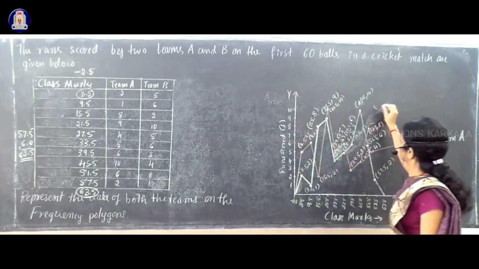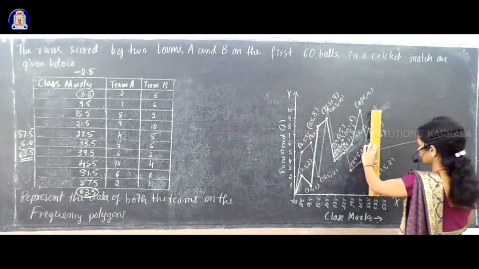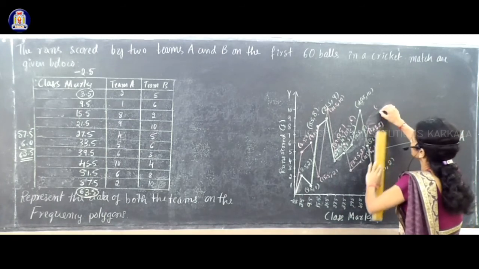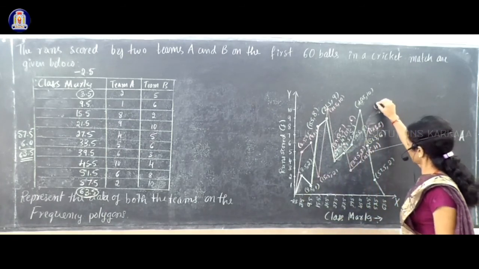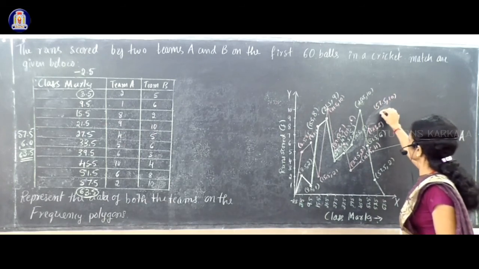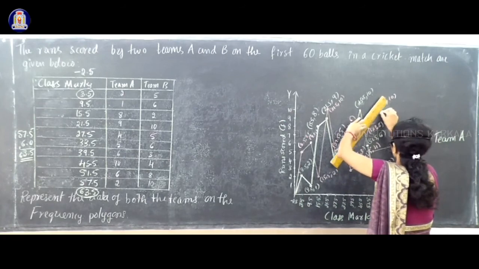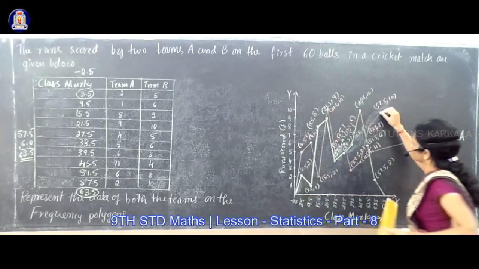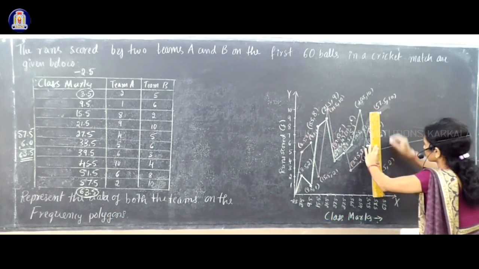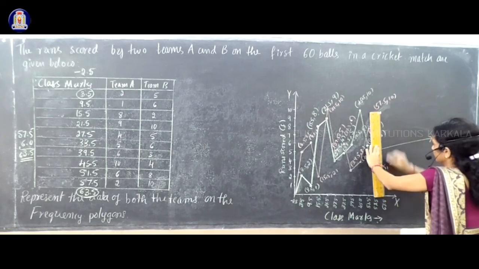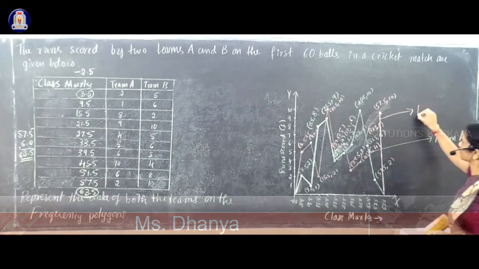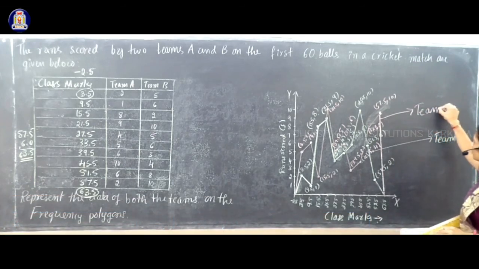Next, this point we marked at 57.5 up to 10. This point's coordinates are 57.5, 10. This is the last point, and join that with the previous point. And you have to join that with the next class mark, 63.5 here. So this is the frequency polygon for team B.